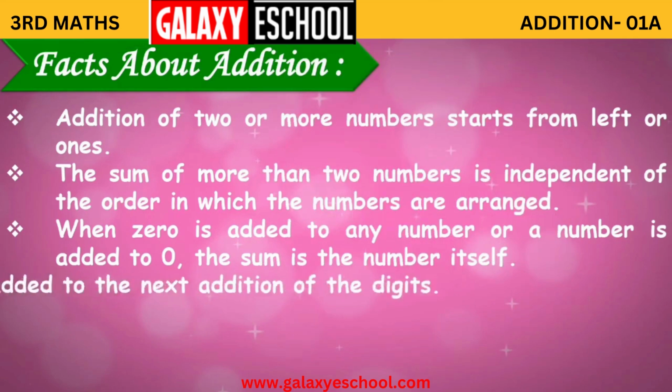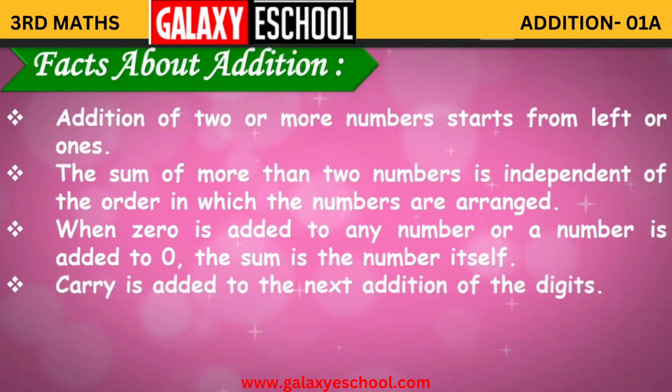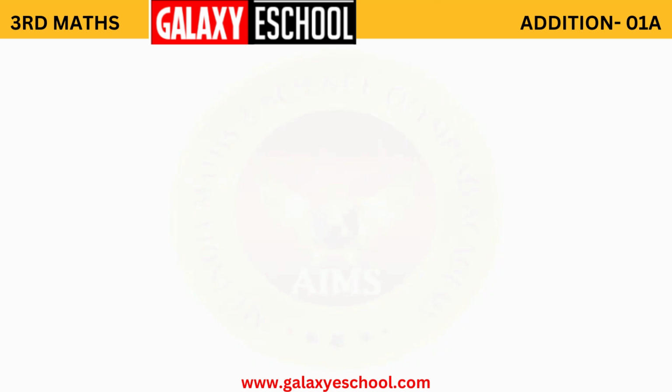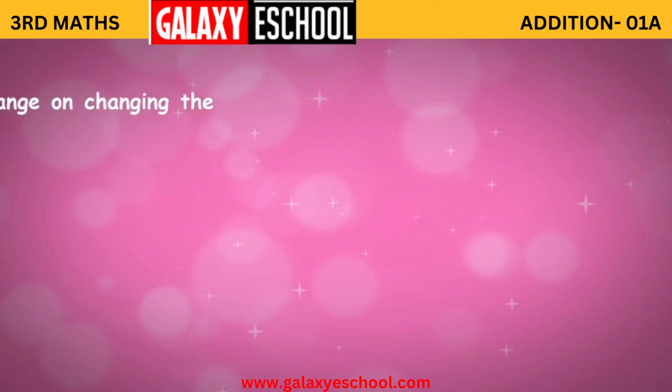It is easy, right? Yes. Carry is added to the next addition of digits. What are they saying? Carry is added to the next addition of digits. This carrying of numbers while addition, I'll explain in the coming slides. Okay, children? Okay. Moving on.